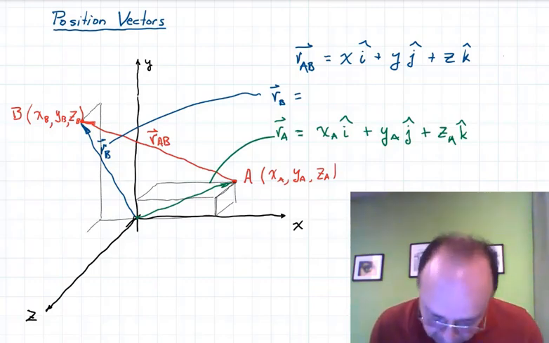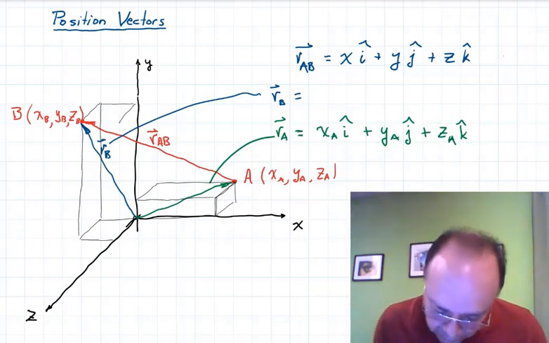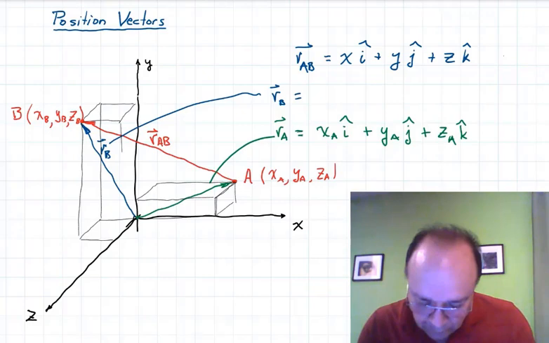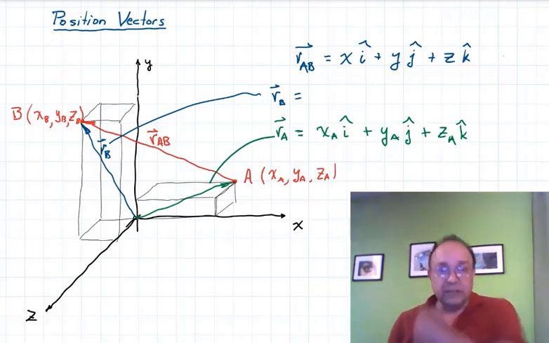Let's draw these rectangles, these figures here, that give us a better sense of the location of those vectors. I wonder if you can see it.